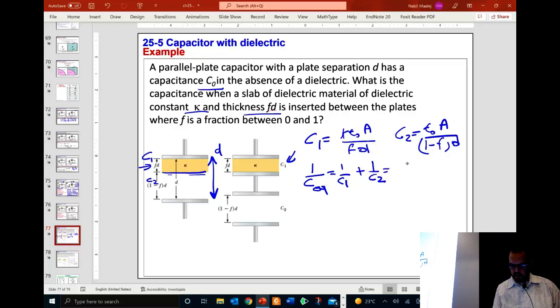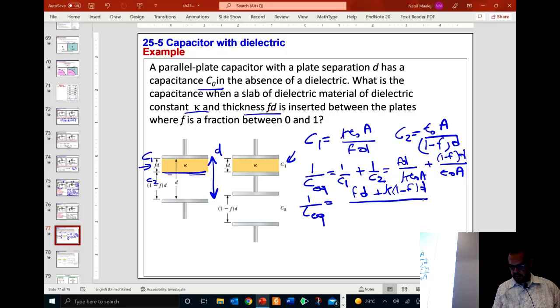So this is going to be Fd divided by kappa epsilon 0 A plus 1 over C2, which is 1 minus F times D divided by epsilon 0 A. So 1 over C equivalent, we can do the math. We can multiply the second term by kappa, so it will have the same denominator, so it's going to be Fd plus kappa times 1 minus F times d, divided by kappa epsilon 0 A.